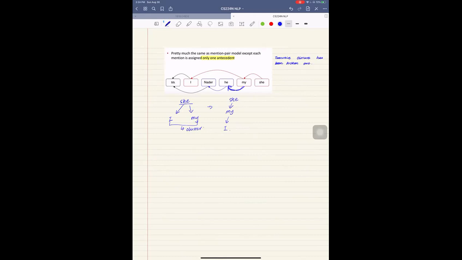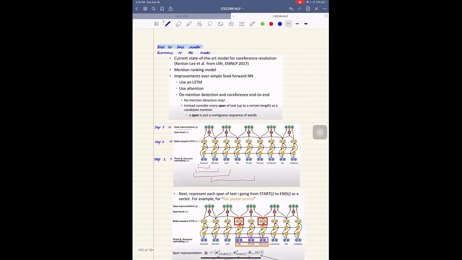Another model, which is so far cutting edge, the latest model that has been invented and also the best performing model in this area, is called the end-to-end model. Recall that previously, in the pipeline model, we had a lot of steps.